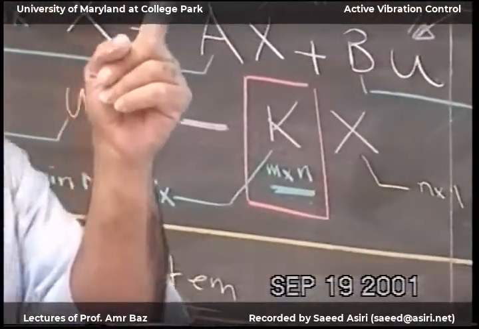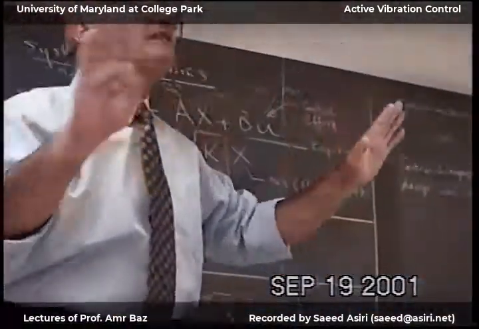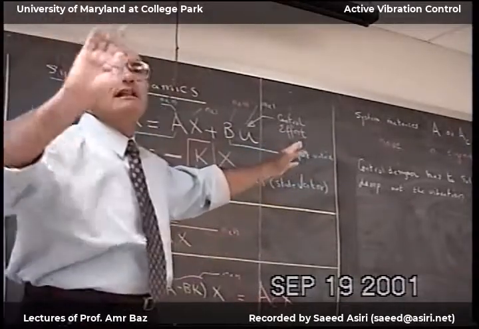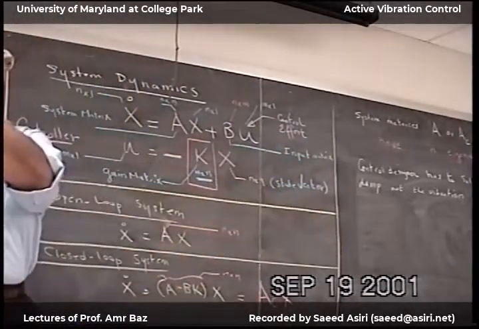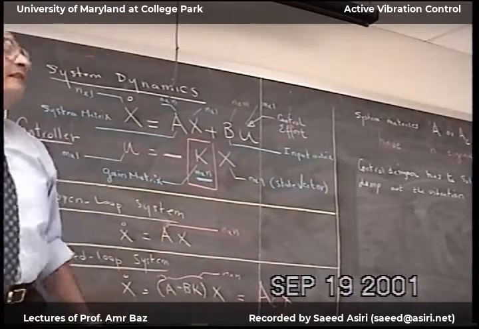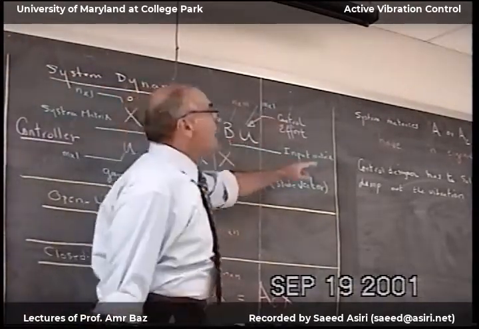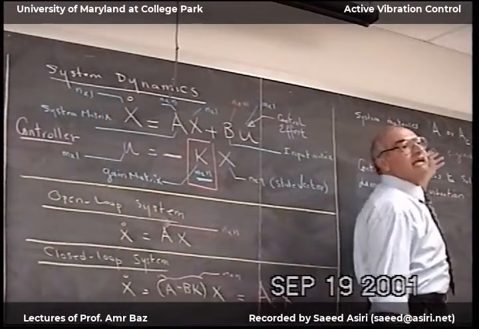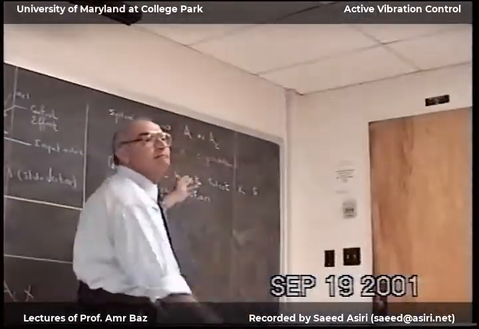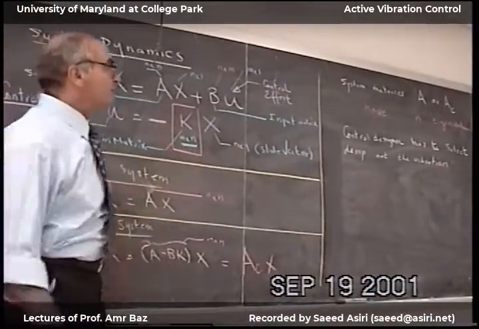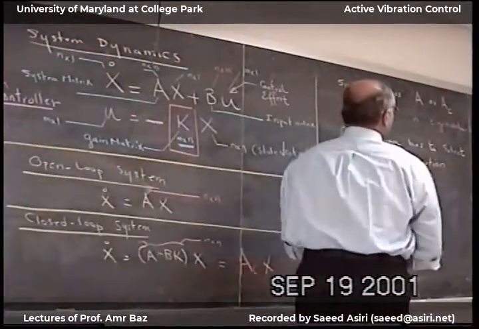If I have a single actuator, every one of us can design this very fast. You say, I'm going to put the eigenvalues here, and that's a controller. But if I have m greater than 1, then the equations that I can generate are much fewer than the number of unknowns. So now, we damp out the vibration.